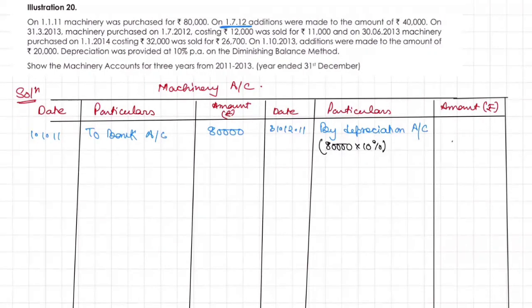So it will be 8,000. And what will be the rest? If anyone finds that I'm making some mistake, stop me then and there. So it will be by balance c/d. So 80,000 minus 8,000, so 72,000. Correct. Now we'll close the account for this year.